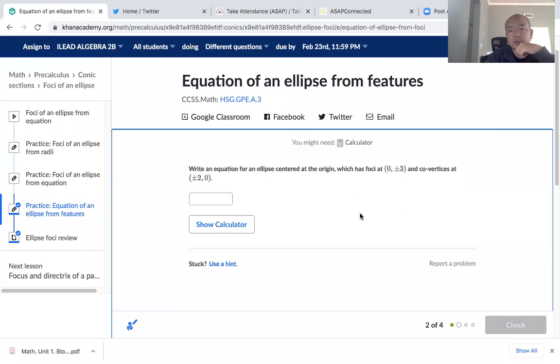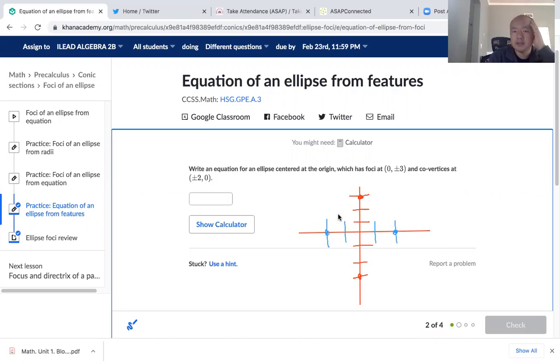So here is the y-axis, here is the x-axis, and here is 1, 2, 3, and 1, 2, 3, and so this is the focus, right? And then let's color the co-vertices blue, so it'll be 1, 2, and 1, 2.